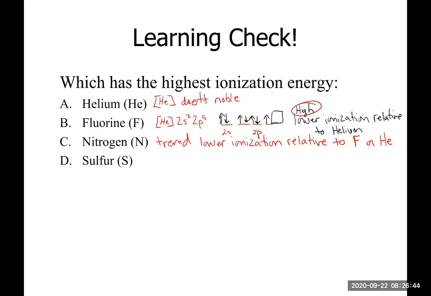Sulfur drops down 1 on the periodic table in row 3, and we have fluorine in row 2. So we know if we're talking about shells that sulfur would have a lower ionization energy relative to either nitrogen or fluorine, and that would make it relatively lower than helium.